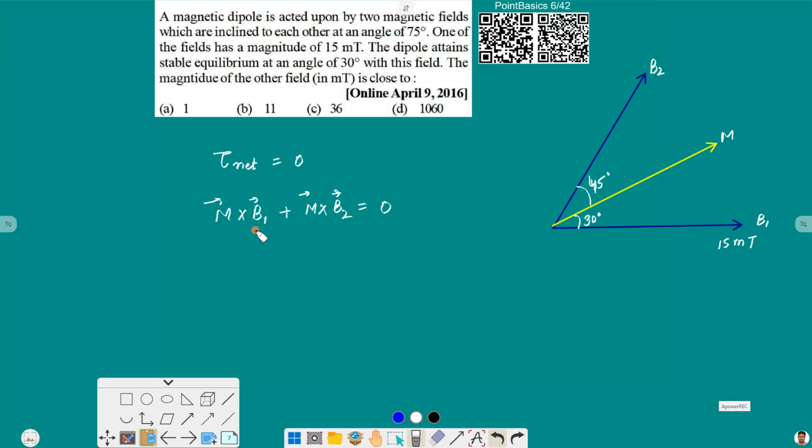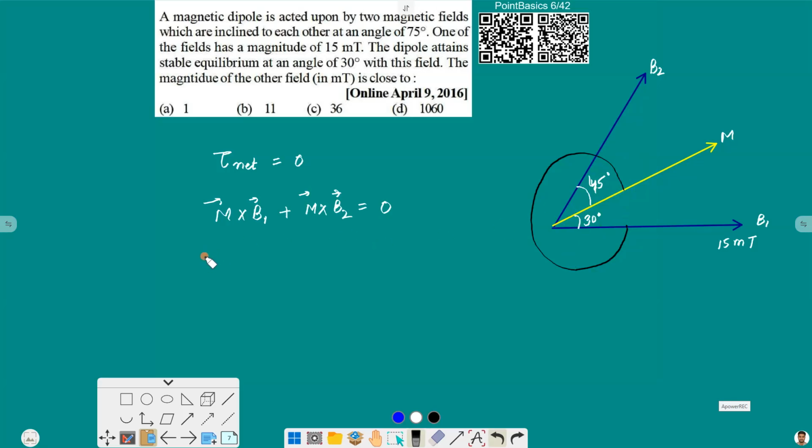Now, when we take cross product, we know we have to take angle in the counterclockwise direction. So when we are looking for M cross B1, we have to start measuring angle from the M and go up to the B1. So angle between M and B1 will be this. That will be 180 minus 30.